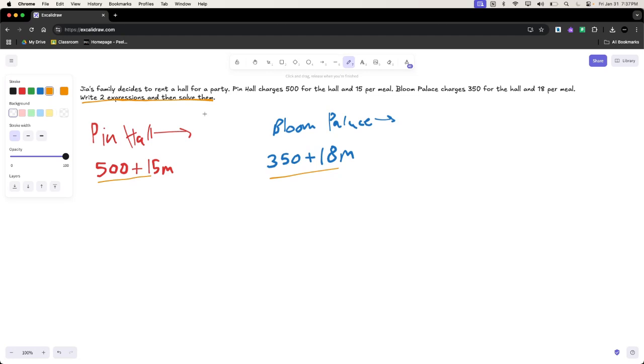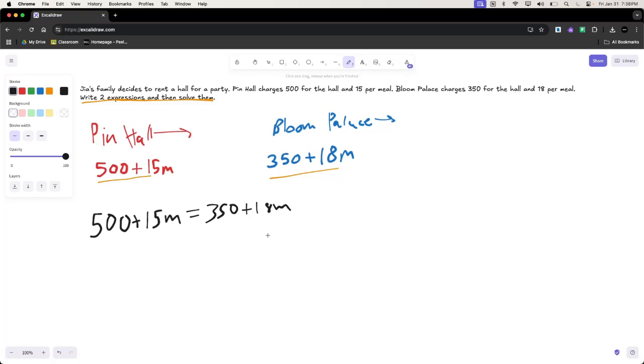Well, it means that you're going to take these two expressions that we've made and make it into an equation. So this is how. You'd put 500 plus 15m, which equals 350 plus 18m.